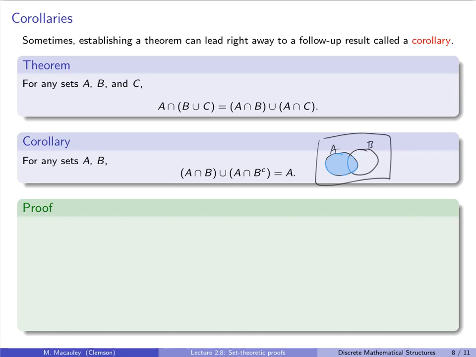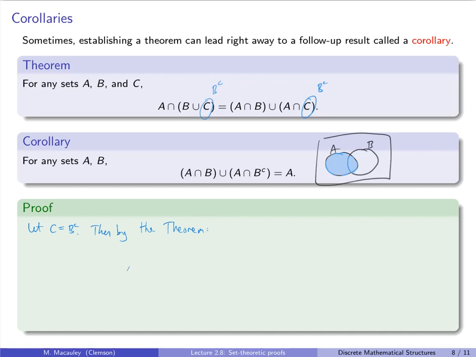Notice that if we take this first theorem and we just plug in B complement for C, then I claim that we're going to get this right here. Okay, so maybe you already see that, but let's write it up formally for completeness. So let C equal B complement. Then by the theorem, let's write down directly what we get.